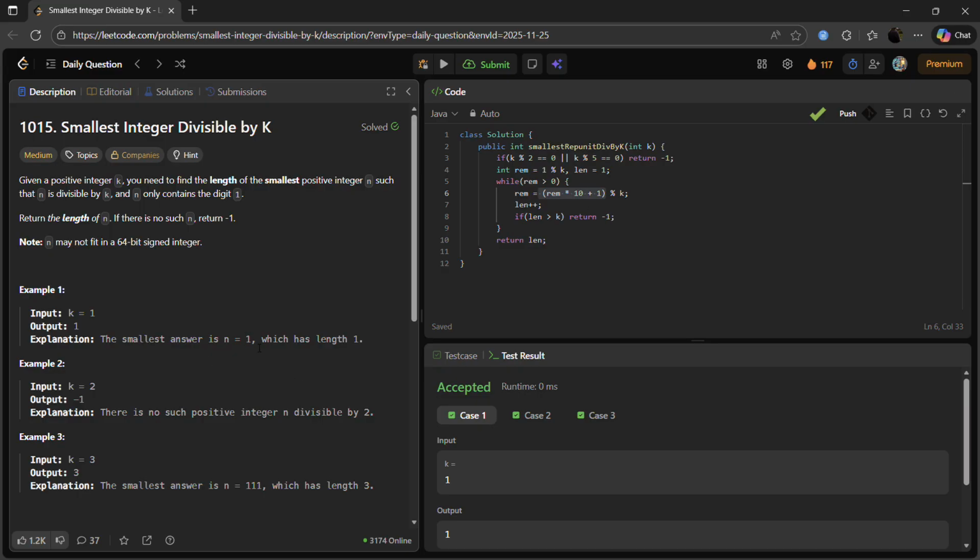If we have 11, we multiply it by 10, which is 110, and add 1, which is 111. We are generating the next number in the sequence and checking whether it is divisible by k. If rem is equal to 0, we return the length; otherwise length is increased. If length is greater than k also, we return minus 1, as we said before. Let's submit this.